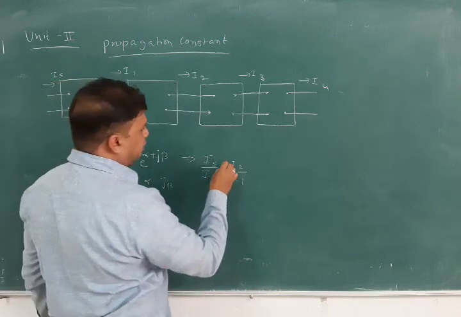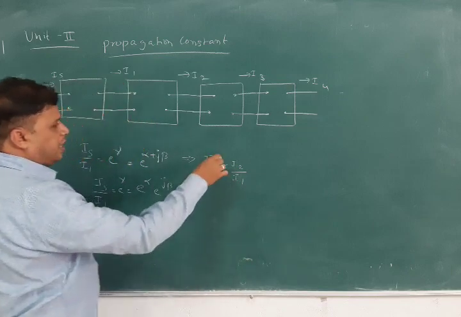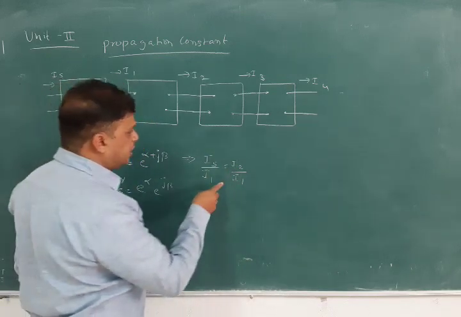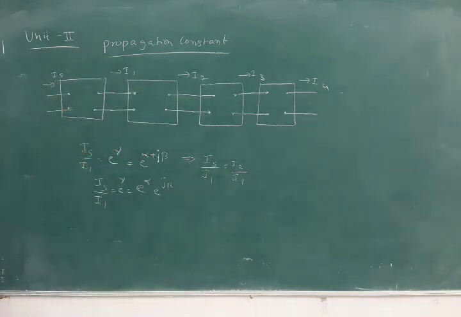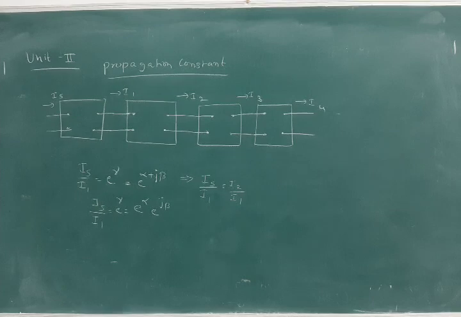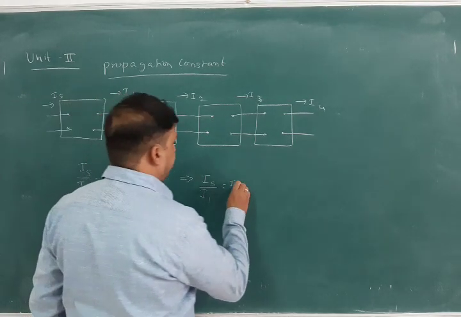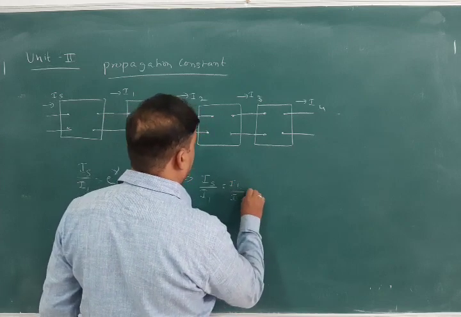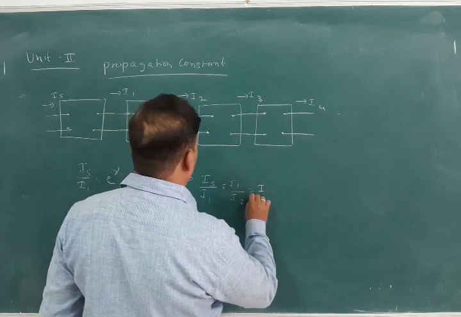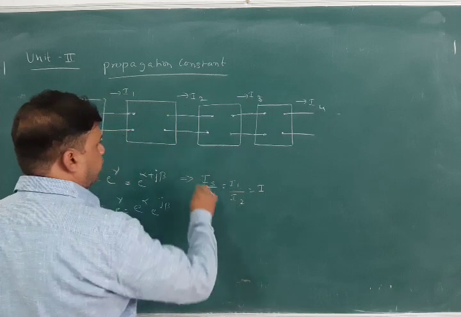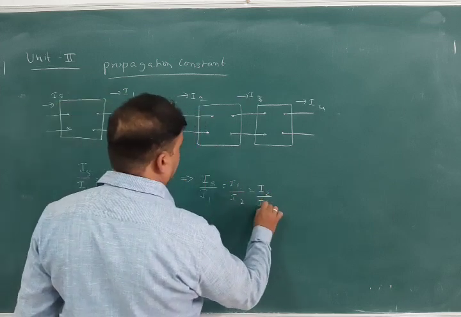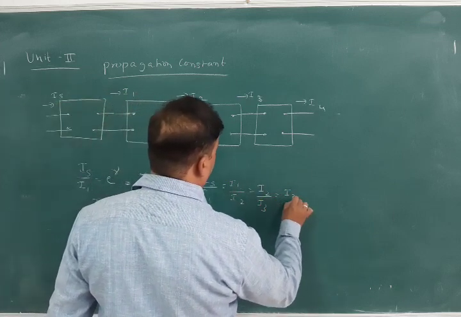So instead of IS by I1 we can write I2 by I1 also. This ratio remains the same. So IS by I1 is equal to I1 by I2, which is equal to I2 by I3, which is equal to I3 by I4.